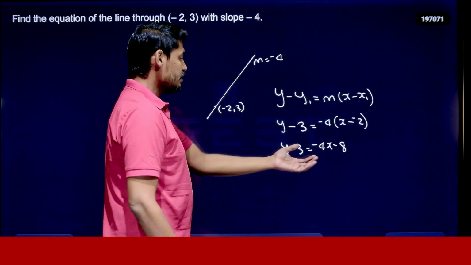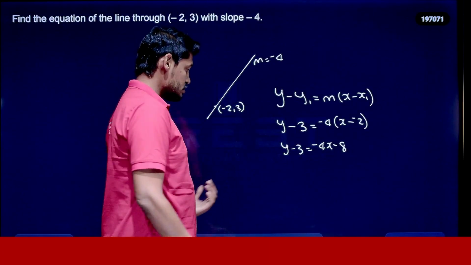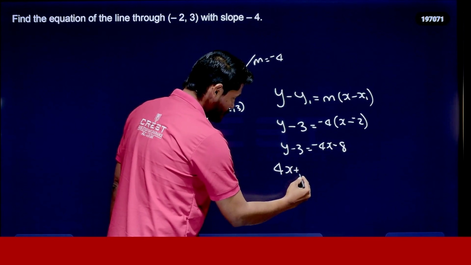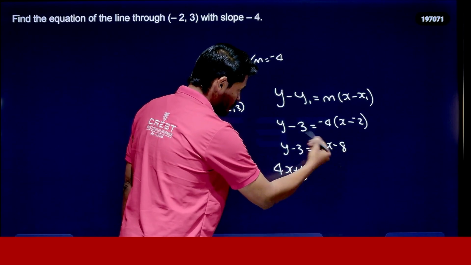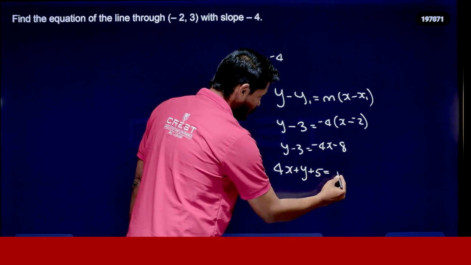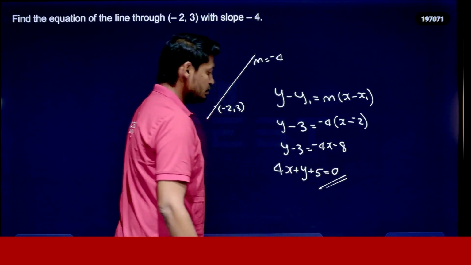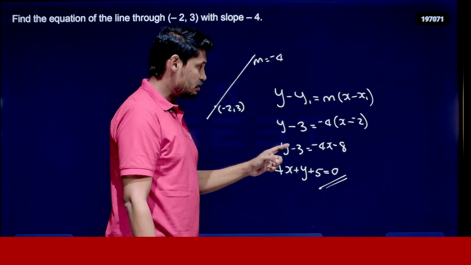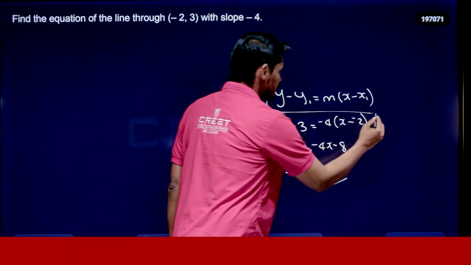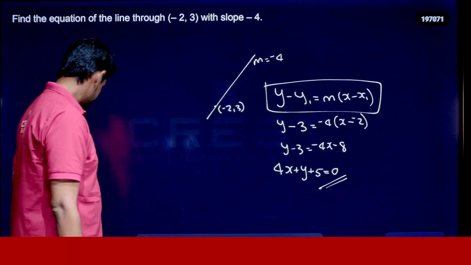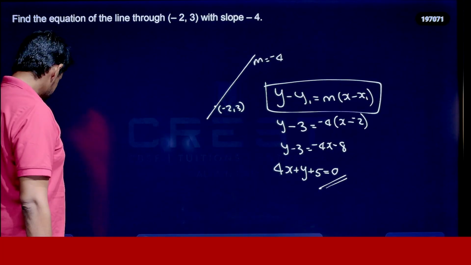So when you bring everything to the left hand side, the equation becomes 4x plus y plus 8 minus 5 equal to 0. This is the equation of this line. So how can you find the equation of this line? By using this point slope form. Clear? So we can move to the next one.